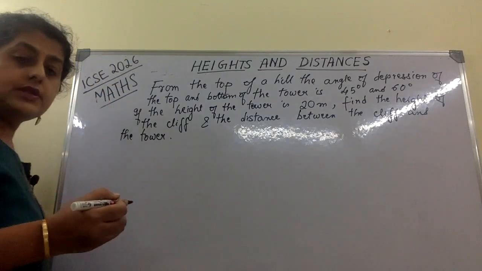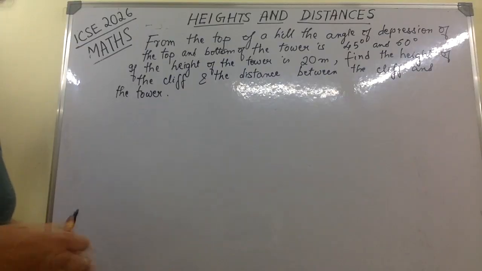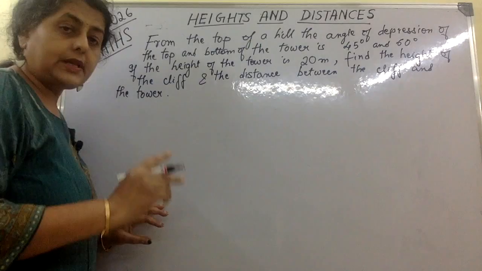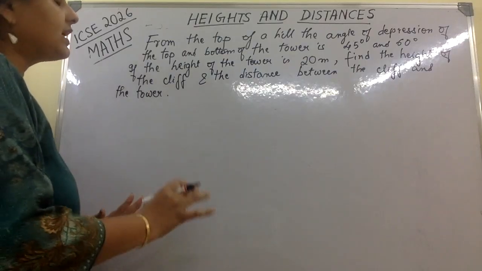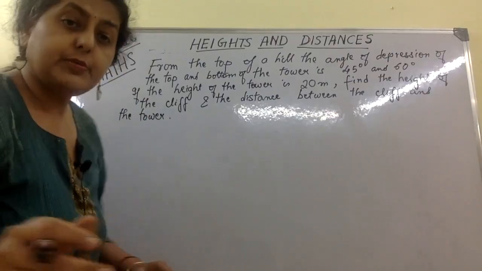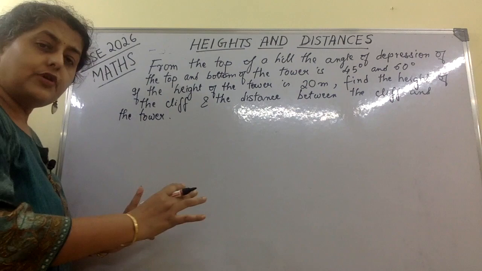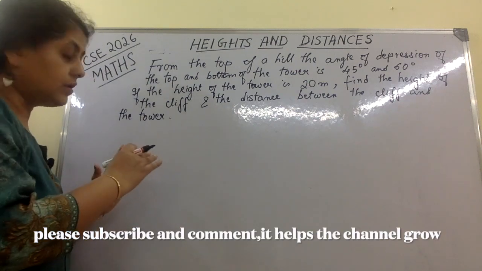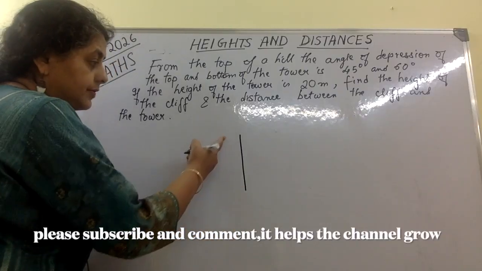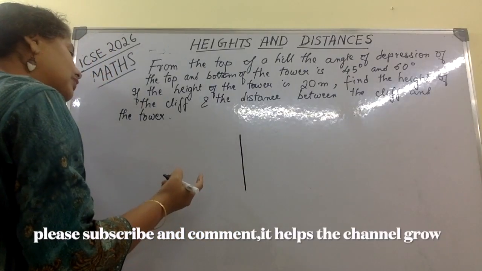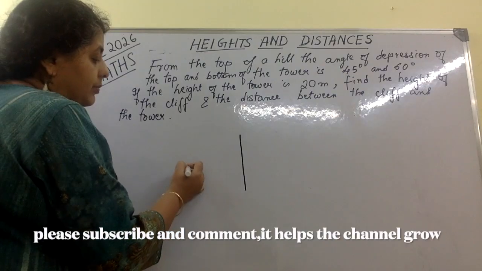Now heights and distances is a chapter where we start applying trigonometry. Okay, this comes under application of trigonometry. Now what is it? Remember, trigonometry applies only for right angle triangles. So we might have a tower here, and we'll have a building here.